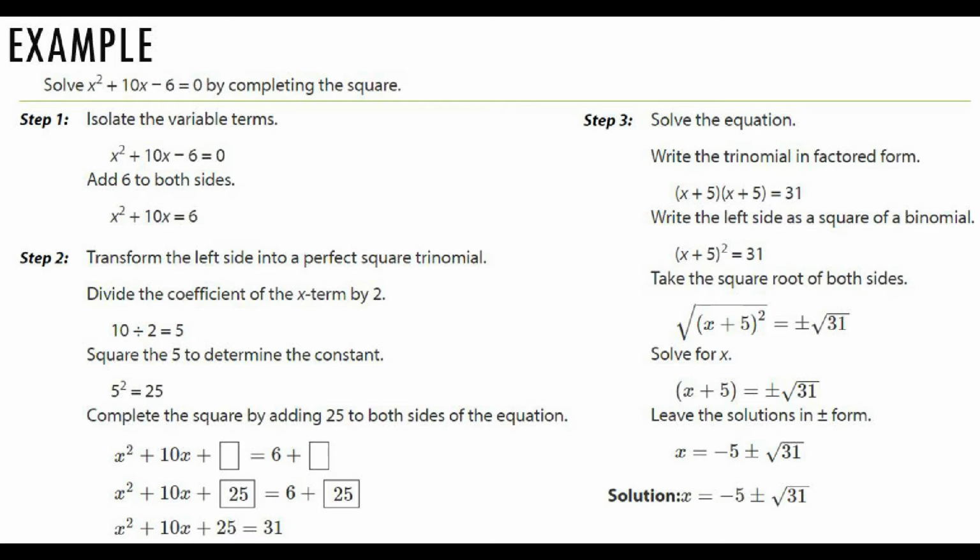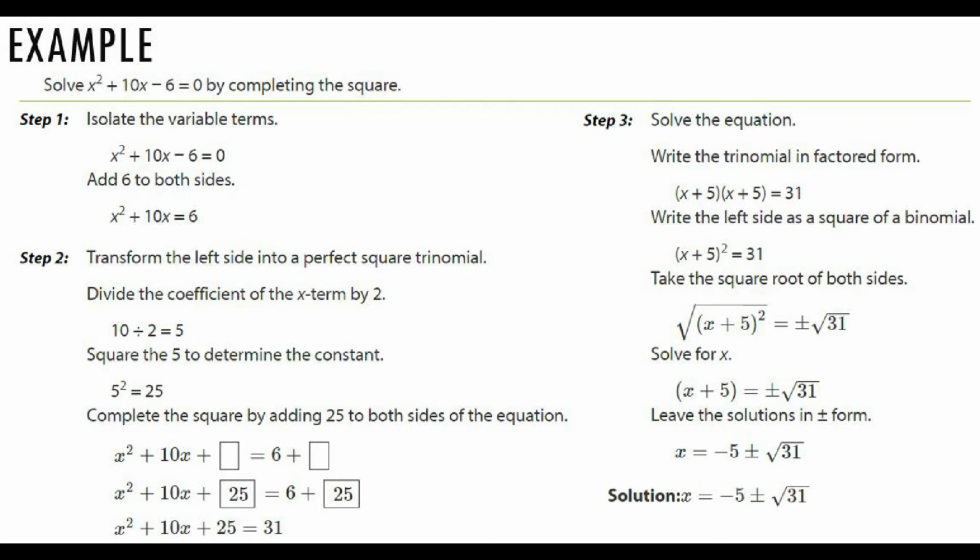Step 2, I need to make my left side a perfect square trinomial. To do that, I'm going to look at my coefficient for x, which is 10. To figure out the third number that makes it a perfect trinomial, I divide 10 by 2, which is 5, and then I square it. 5 times 5 is 25, so 25 is the third term I need.